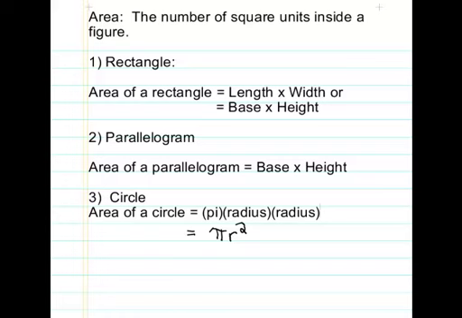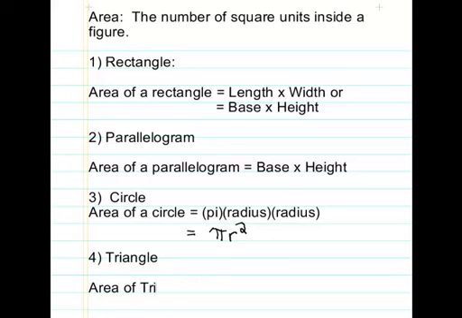The last figure that we talked about yesterday during class was the triangle. The triangle area was rather easy to find because I told you specifically to take a rectangle and cut that rectangle in half. And how I told you to cut it in half was to cut it from one diagonal to the other.